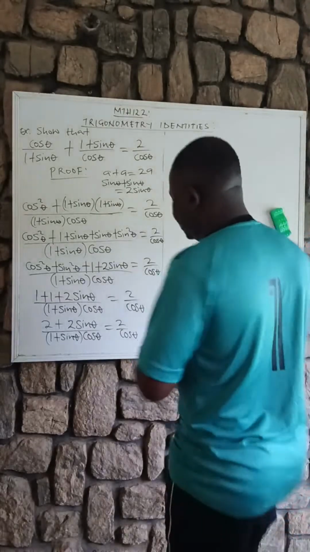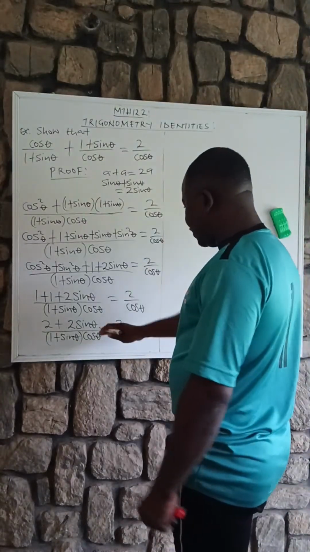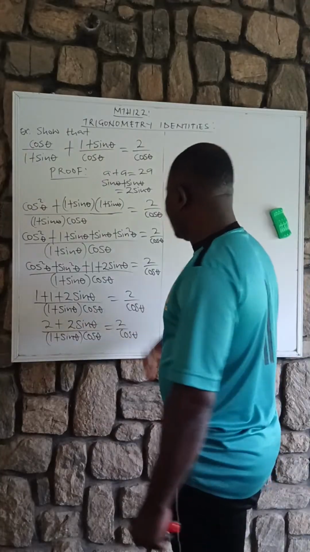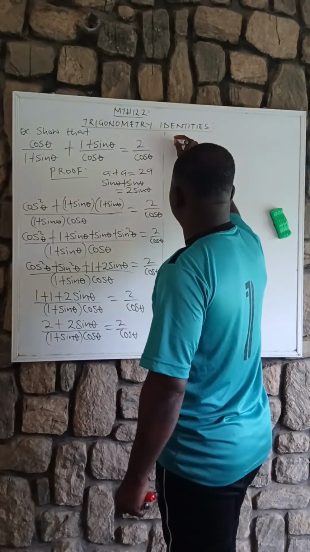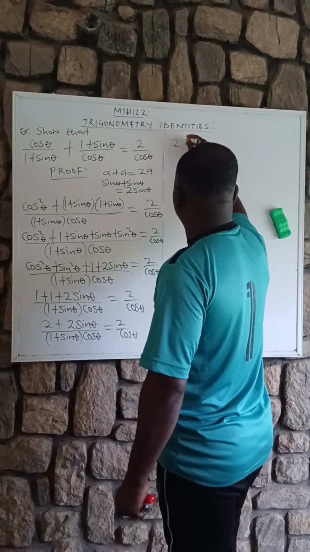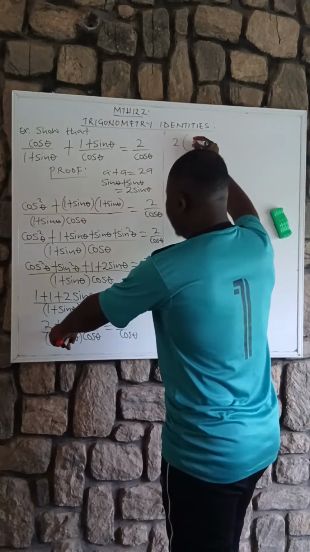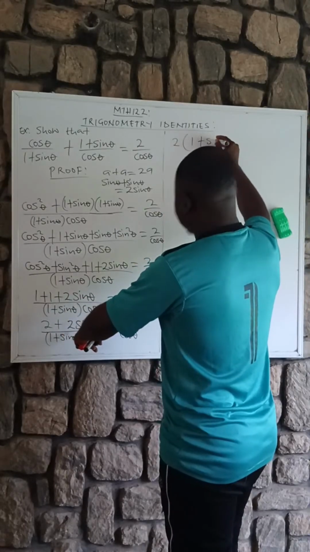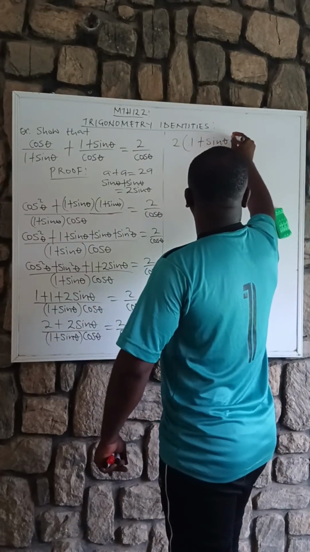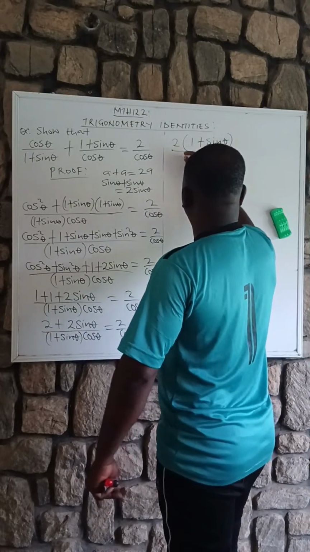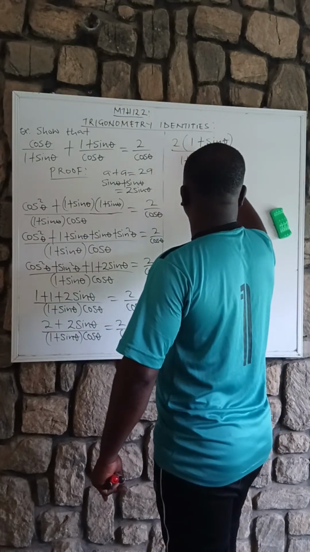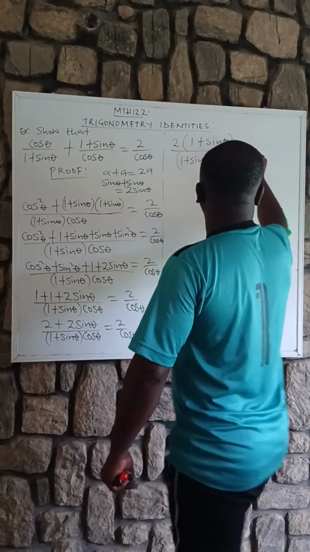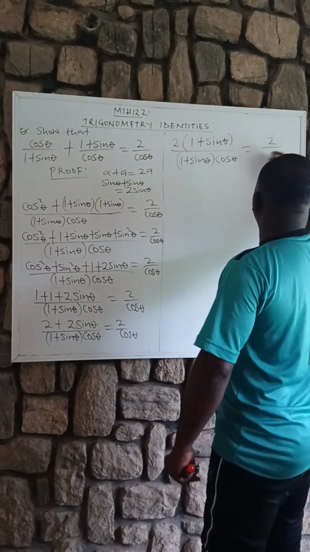Let's proceed. So here we are going to have, look here, what is common here? 2 is common, we factor it out. So if we factor 2 out, we are going to have 2 open brackets. Here will be what? 1 plus sine theta, close bracket, all over (1 plus sine theta) times cos theta, equals to 2 all over what?